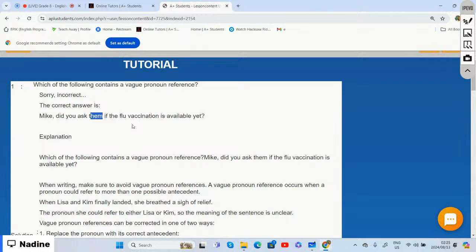Unless we specifically say, have you asked the doctors? Have you asked the nurses? Then it is more clear. But if you just say, have you asked them? Then it is a vague pronoun reference because it is not clear who we are talking about.